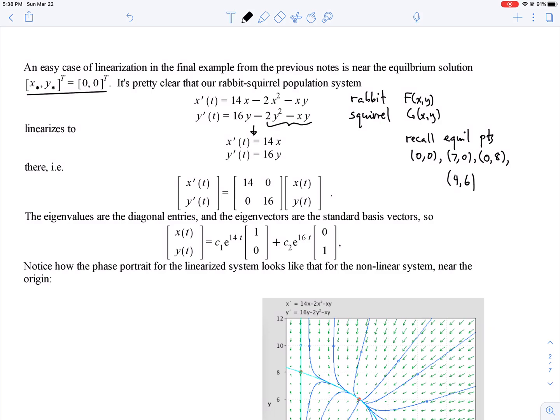Because as x, y goes to the origin, the quadratic terms shrink much faster than the linear terms. So that's an easy linearization.